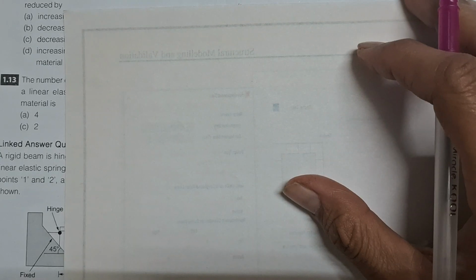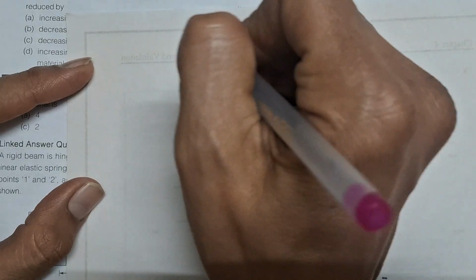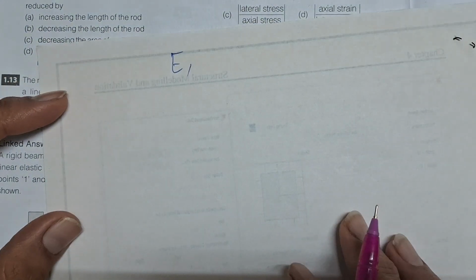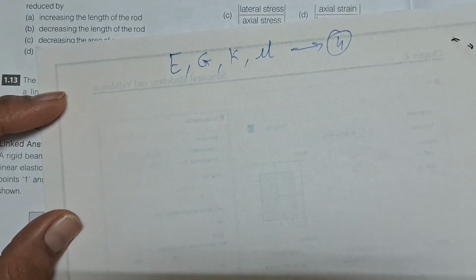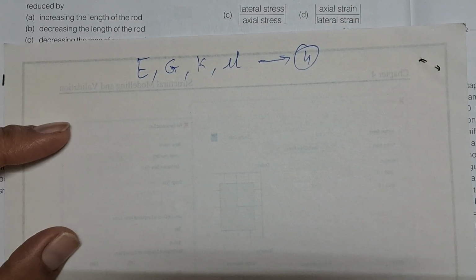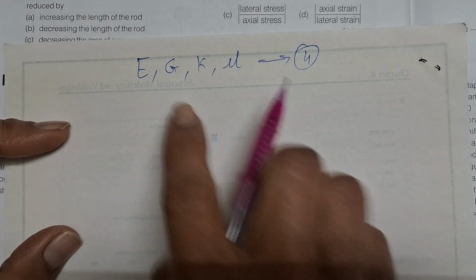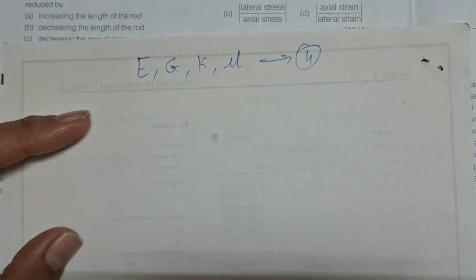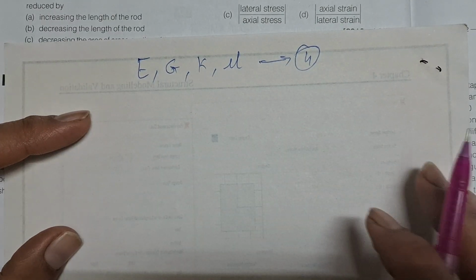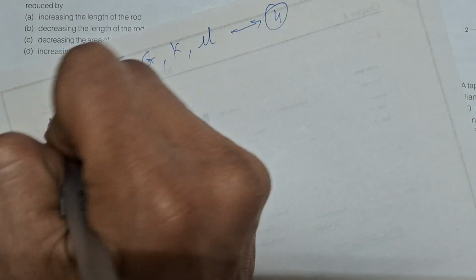So why is it 2? The basic reason is, E, G, K and mu are total 4 elastic constants. But if by experiment we are able to find any 2 of the elastic constants, the other 2 can easily be found.